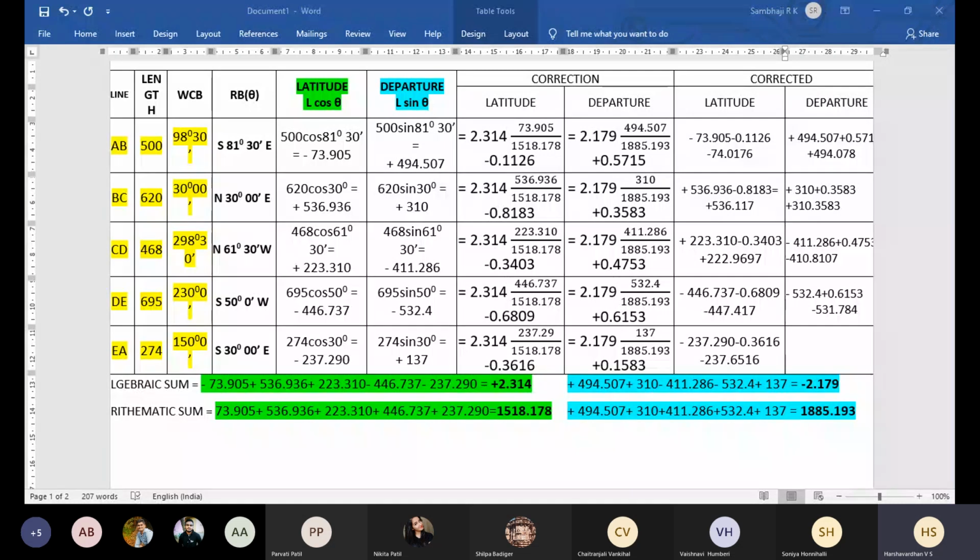Okay, last line, departure is plus 137 and corresponding correction is plus 0.1583. So 137.1583.